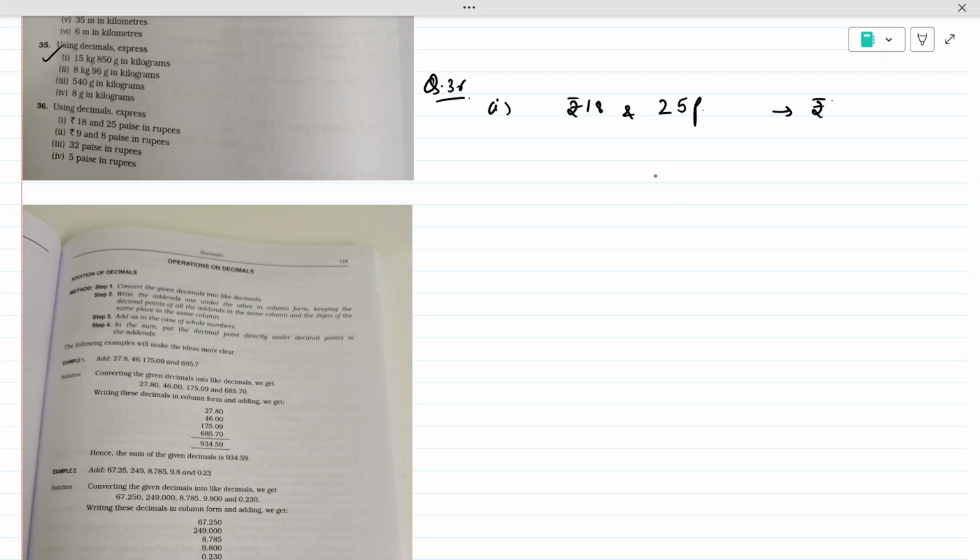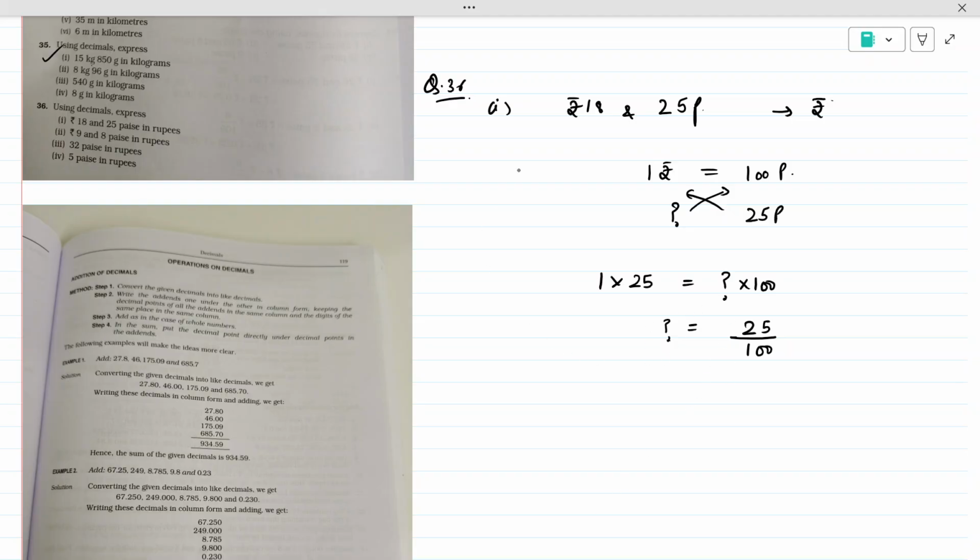Okay, we know that 1 rupee is equal to 100 paisa, and we have to find out how many rupees there are in 25 paisa. So again, cross multiply. 1 multiplied by 25 is equal to question mark multiplied by 100. That means question mark is equal to 25 divided by 100.